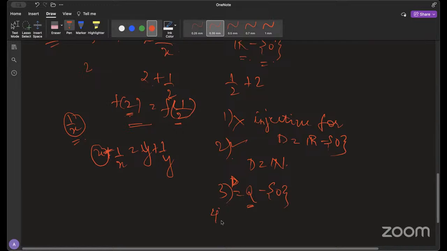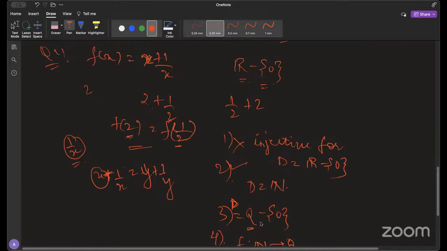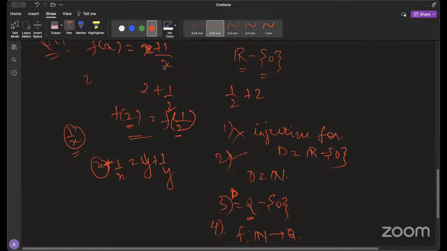Okay. So the fourth one is f is a surjective function if the domain of f is N and codomain is Q. So it will take N and Q here. Fourth option is checking for integers.